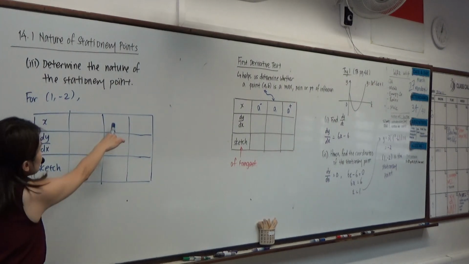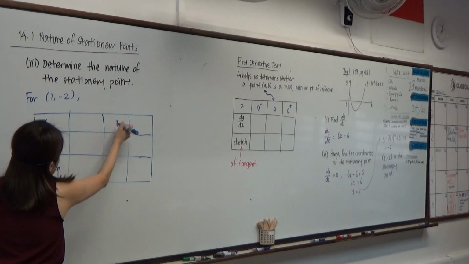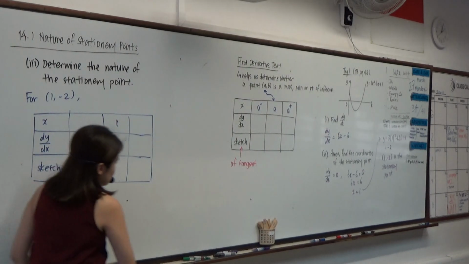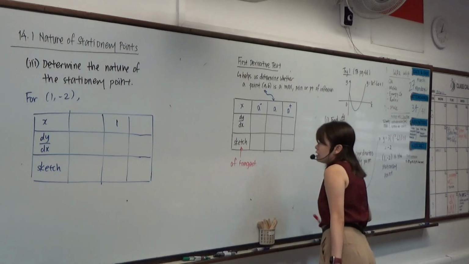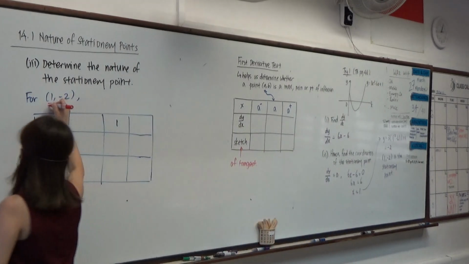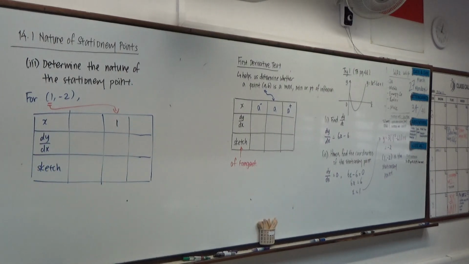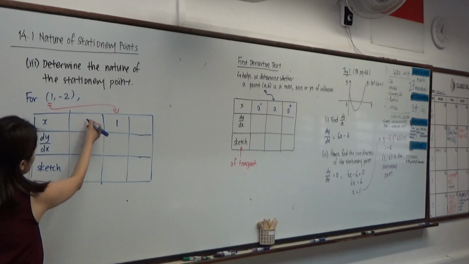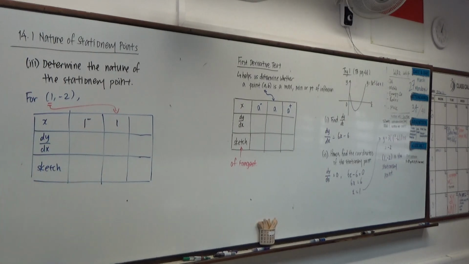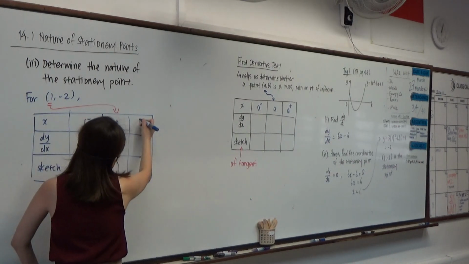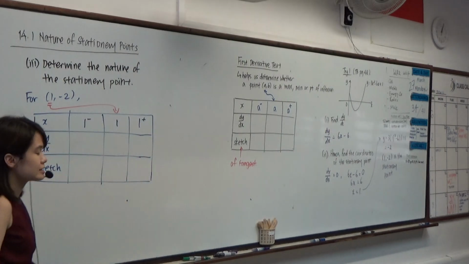The one right in the middle, for x value, will actually have to be 1, the x coordinate of the point in discussion. To the left of that value of 1, I will put 1 minus at the top right hand corner, as though it is a power itself. And then on the right, I put 1 plus.